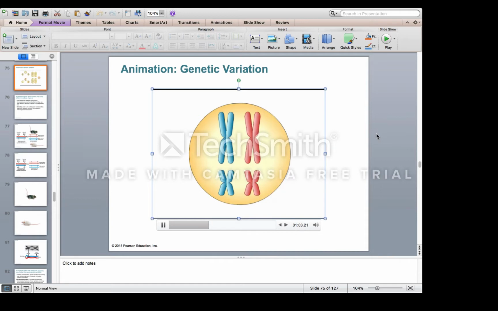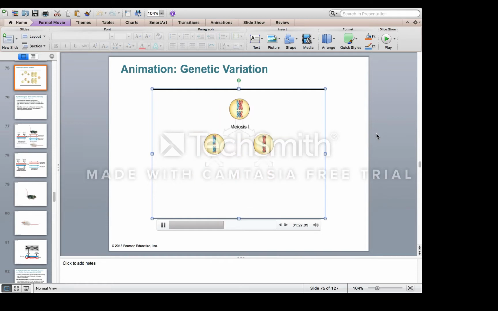Now let's look at how crossing over creates even more genetic variability. During prophase 1 of meiosis, homologous chromosomes pair up very closely, and corresponding parts of 2 non-sister chromatids may trade places. This process of crossing over creates variation by producing chromosomes that combine the genes inherited from 2 parents. Here the process produced a total of 4 genetically different gametes.